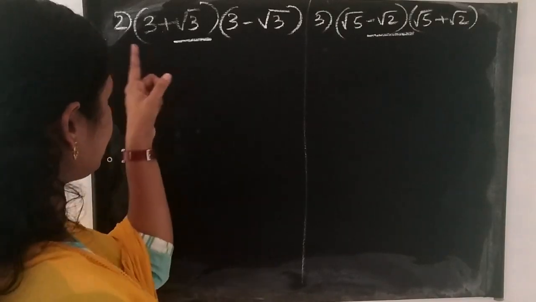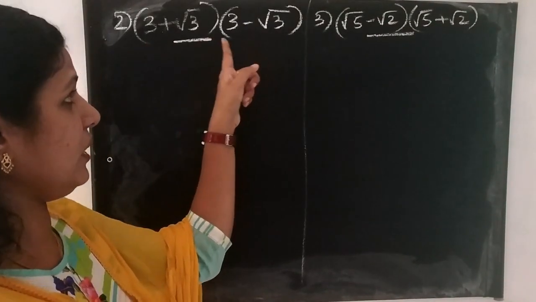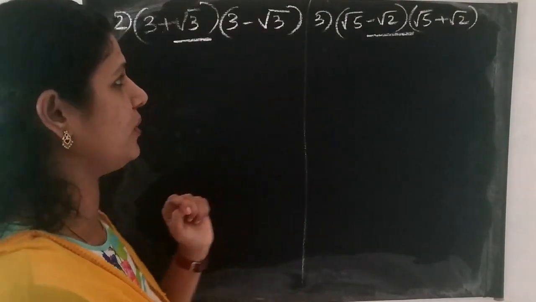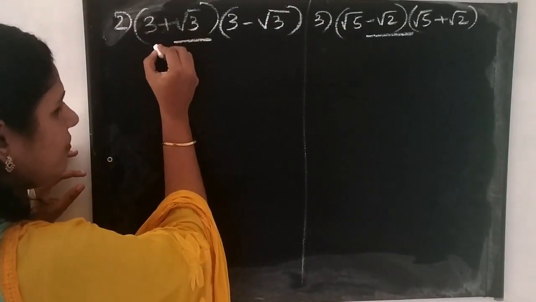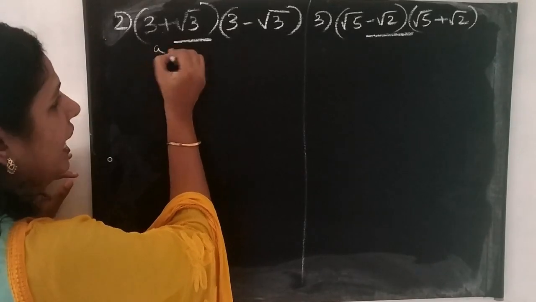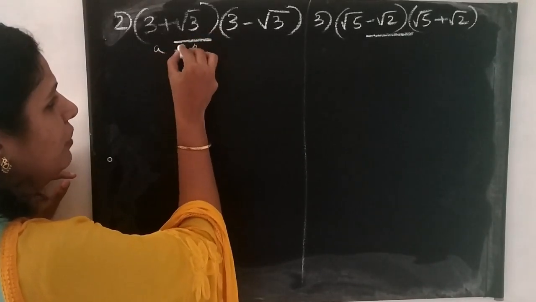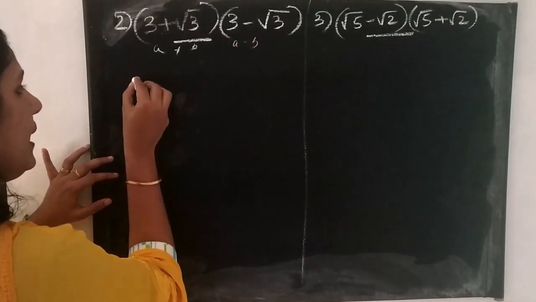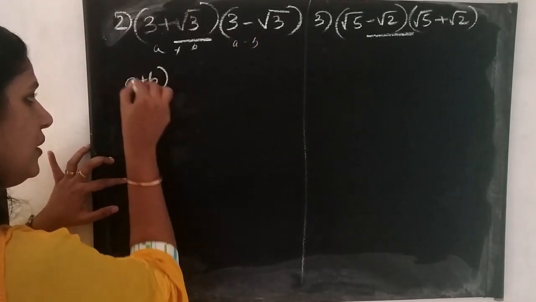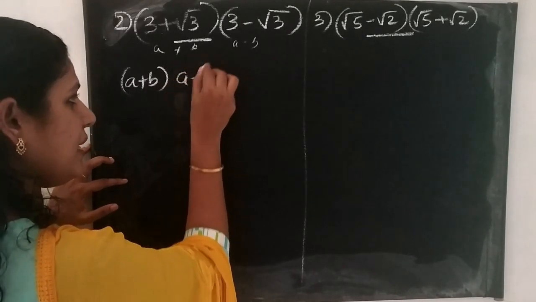Now the second question is 3 plus root 3 into 3 minus root 3. See children, here instead of this 3 we write a, and here root 3 we write b. Then it's a plus b and a minus b. So a plus b into a minus b is what?